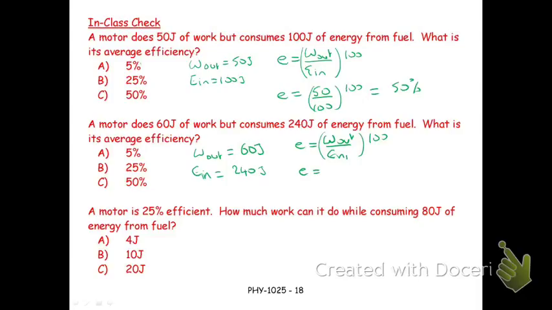So efficiency equals 60 over 240, which is like 6 over 24, which is like 1 over 4, which is 0.25. Oh, got to multiply by 100, which equals 25%.